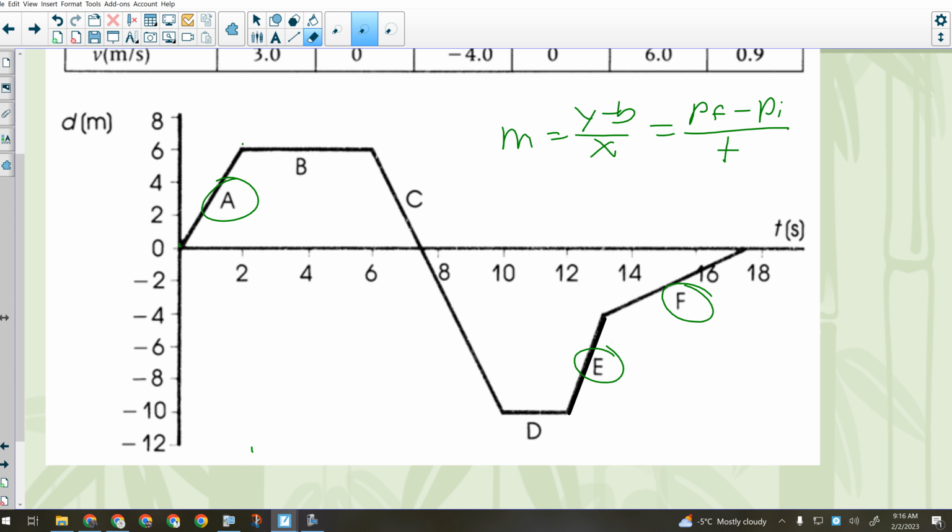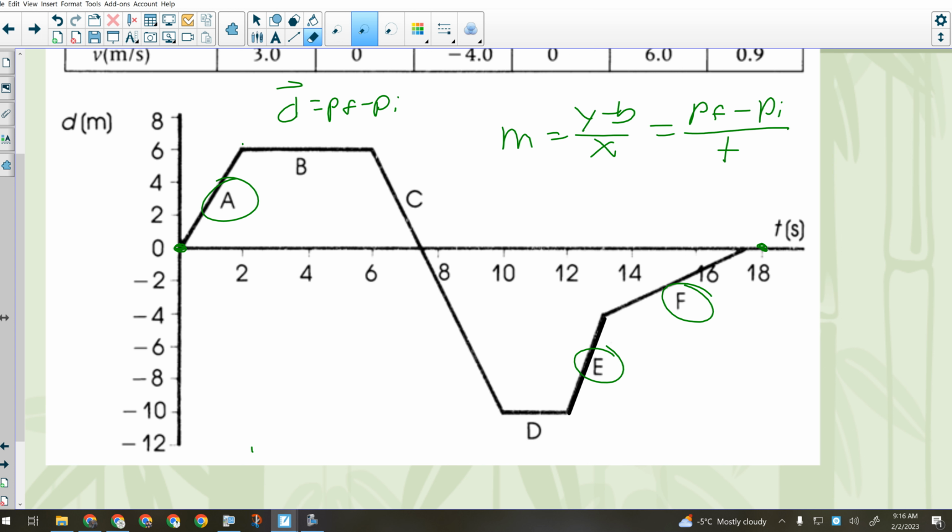Right, the initial position and the final position are the same. If we recall, we know displacement equals final position minus initial position. My initial position is 0. My final position, also 0. Okay, so while this object went a bunch of places, it ended up back where it started.